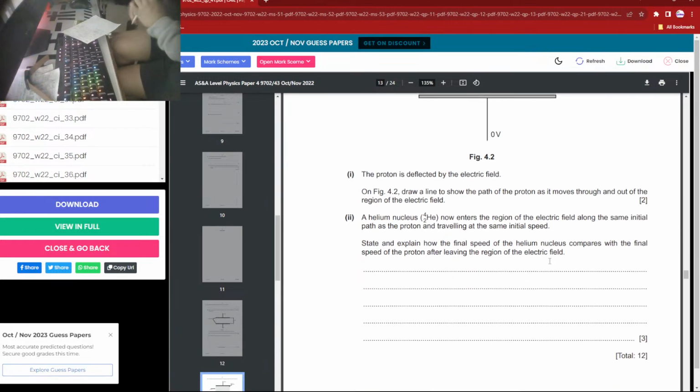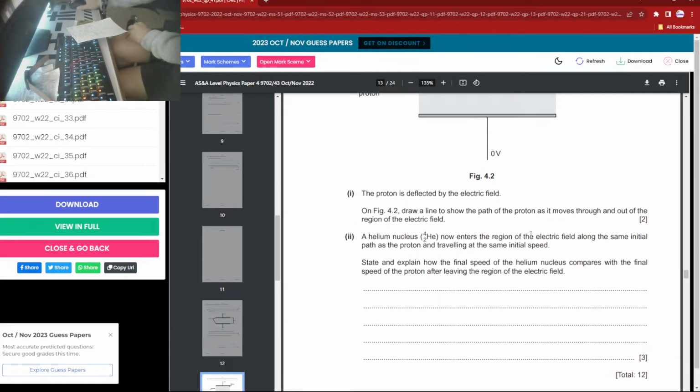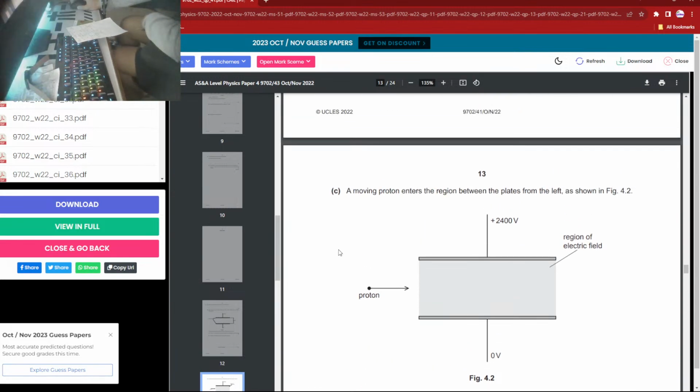Okay, number 2. So a helium nucleus now enters a region of the electric field along the same initial path as the proton and traveling at the same initial speed. Then explain how the final speed of the helium nucleus compares with the final speed of the proton after leaving the region of the electric field. So the thing about proton is it's a 1-1.